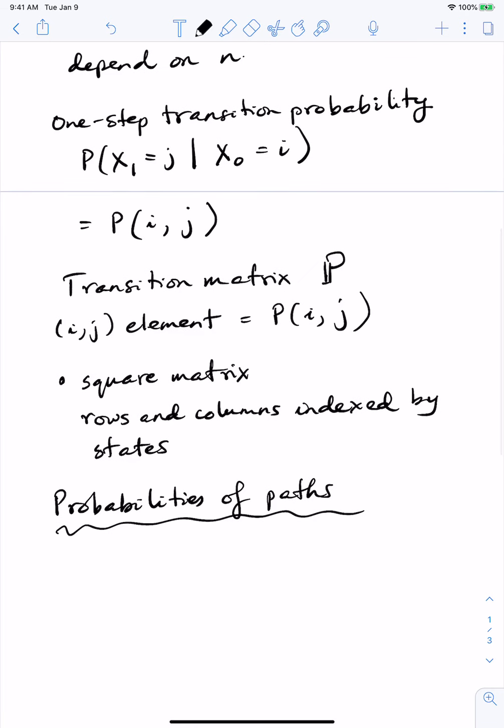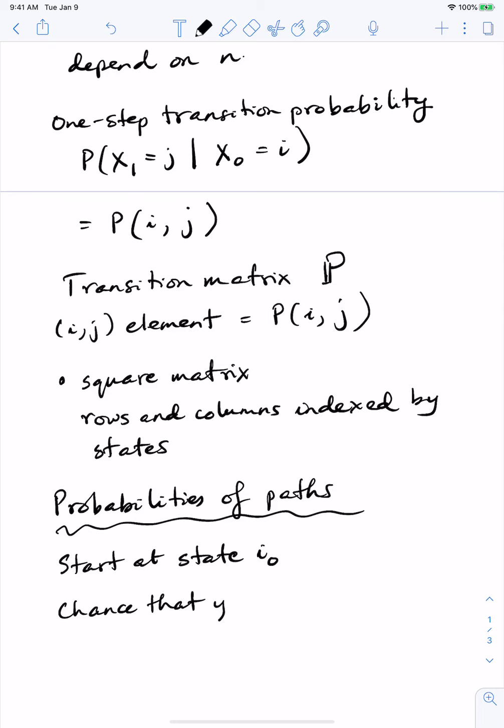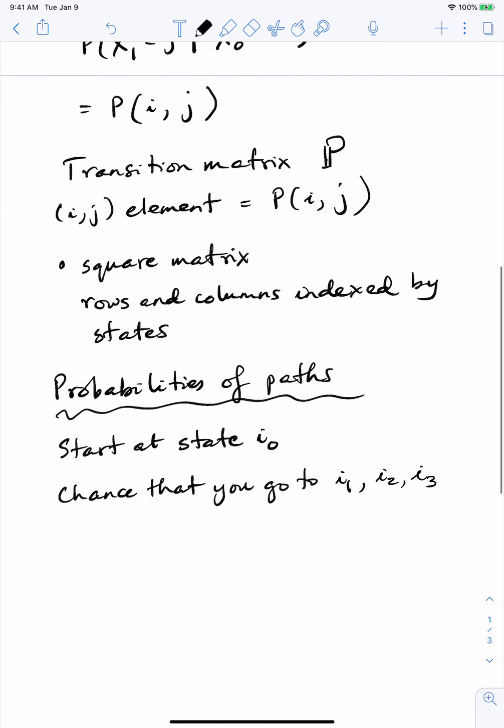So supposing you start at i0, where 0 represents time 0, the chance that you go to i1 followed by i2 followed by i3, you can calculate as follows.